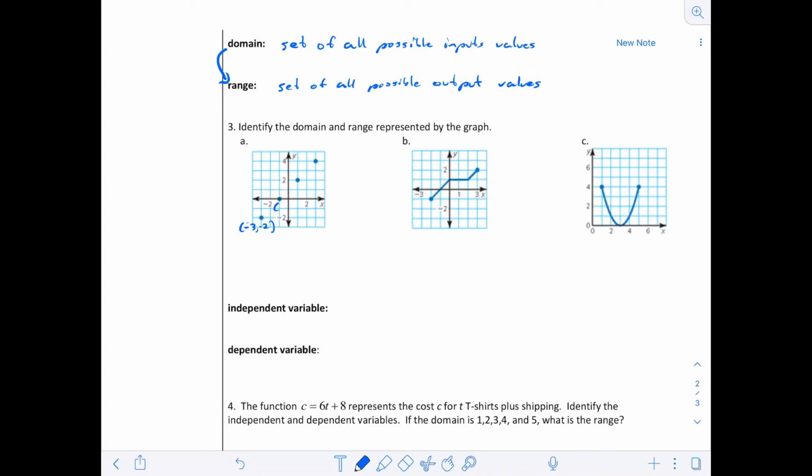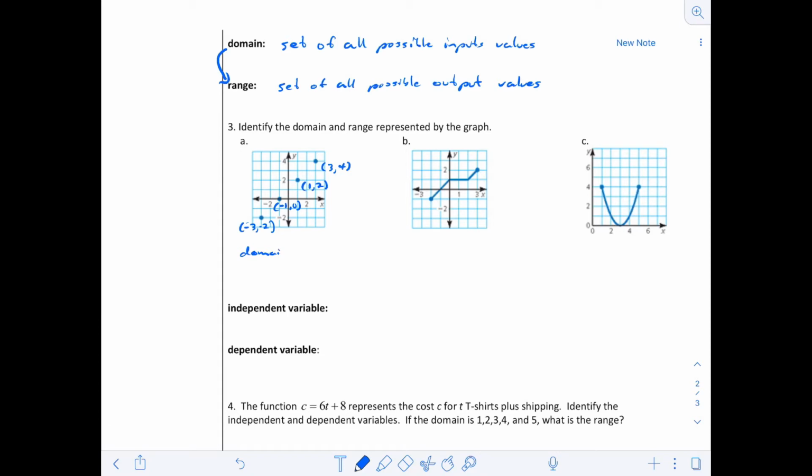And in fact, it might help you to actually write the ordered pairs for each of these points. This is -1, 0. This would be at 1, 2. And this would be at 3, 4. Because now the first number listed, that x value in each of those ordered pairs, represents the entire domain. The second value, or the y value, represents the range.